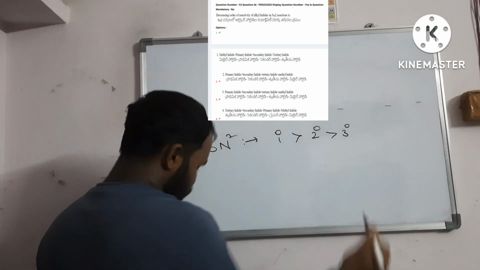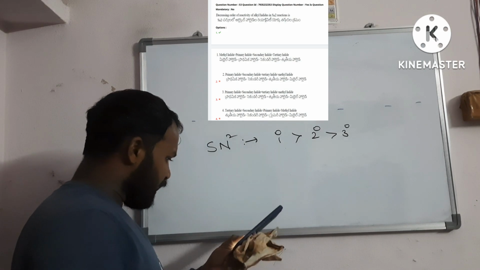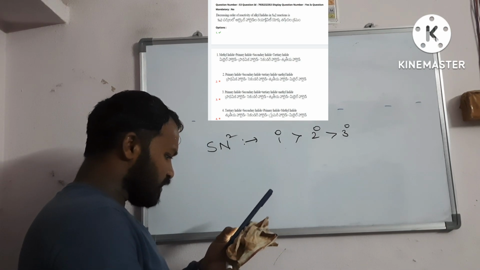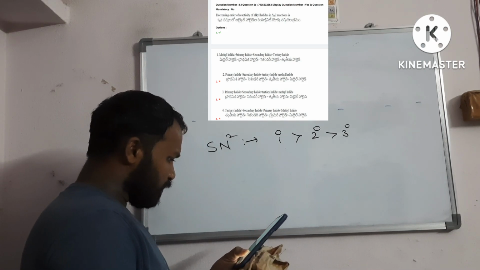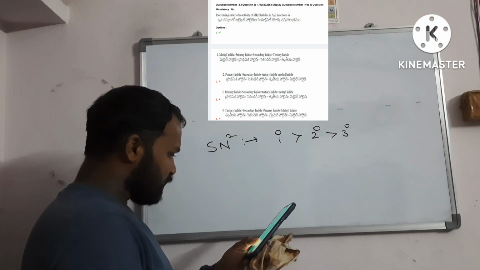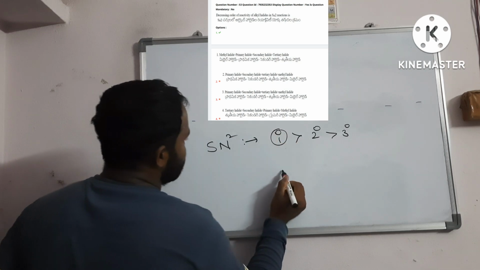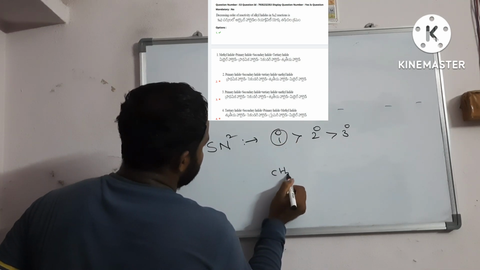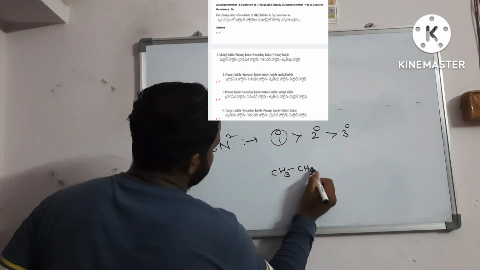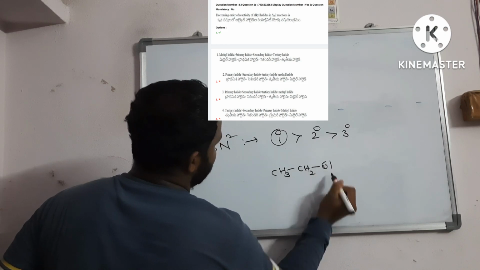What is the option present? Methyl halide, primary halide, secondary halide, tertiary halide. They are given in the form of methyl halide. So primary is nothing but CH3CH2Cl, primary halide.